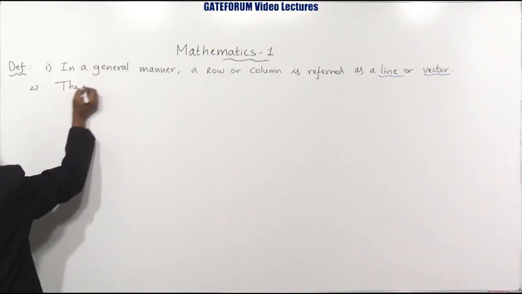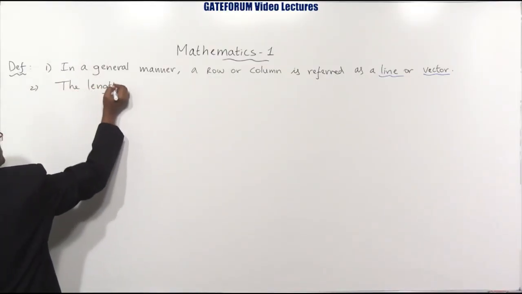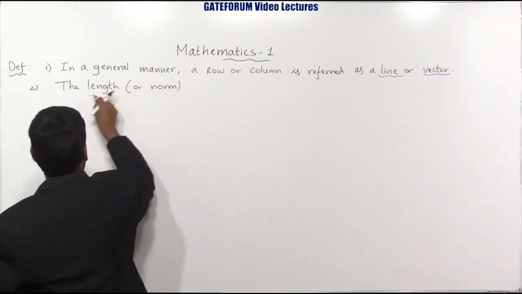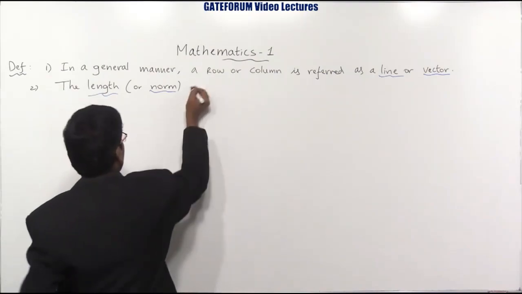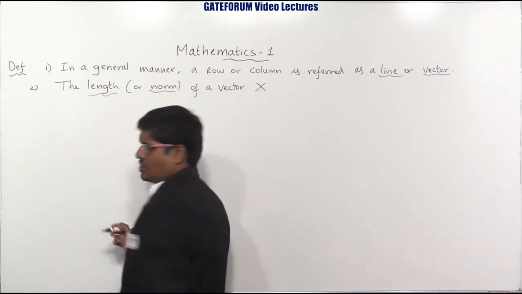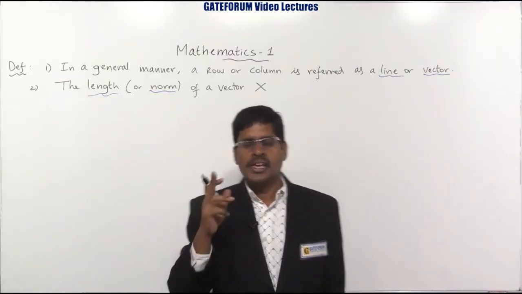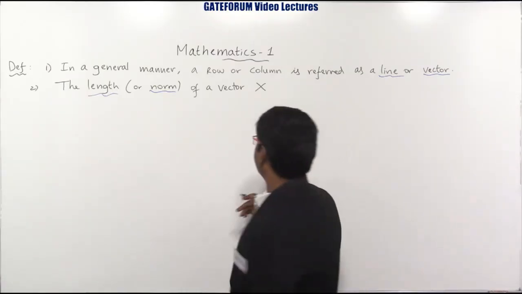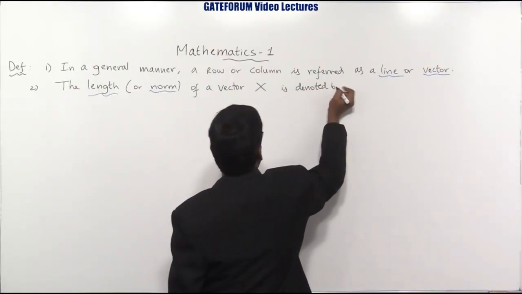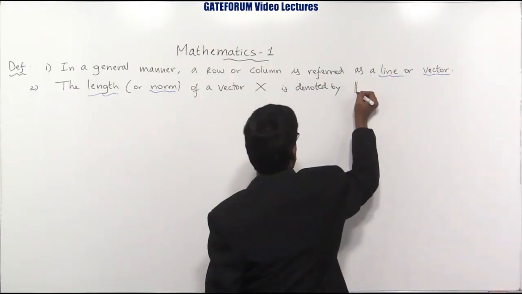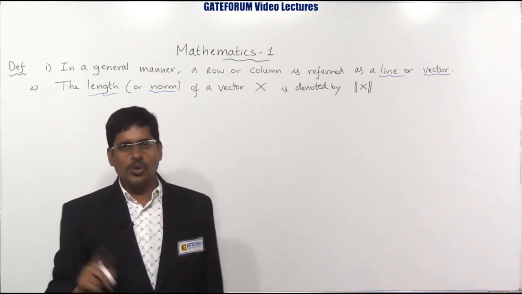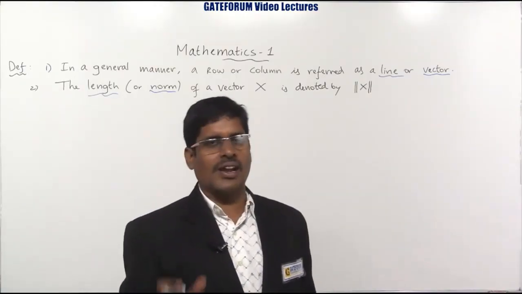The length, which some people call the norm, of a vector X is denoted by double vertical lines on both sides. Generally, vectors, column vectors or row vectors, are denoted by capital X, capital Y, capital Z, etc. That is the symbol for length or norm.